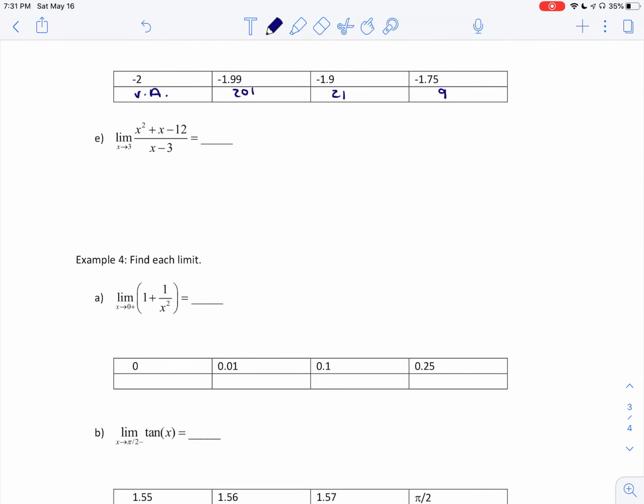All right, one more rational function. Let's again go ahead and start by factoring this. So this time we can factor out our numerator as x plus 4 times x minus 3.